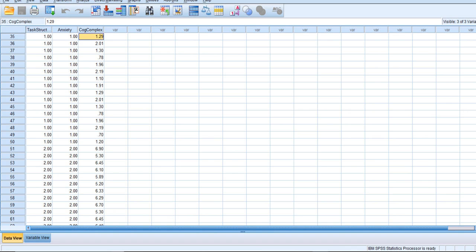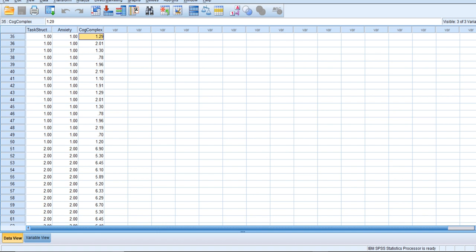In my database, I have 3 variables: the level of task structure, anxiety, and cognitive complexity. I made the level of task structure an ordinal variable. I suppose that a task could be very structured, moderately structured, or unstructured.